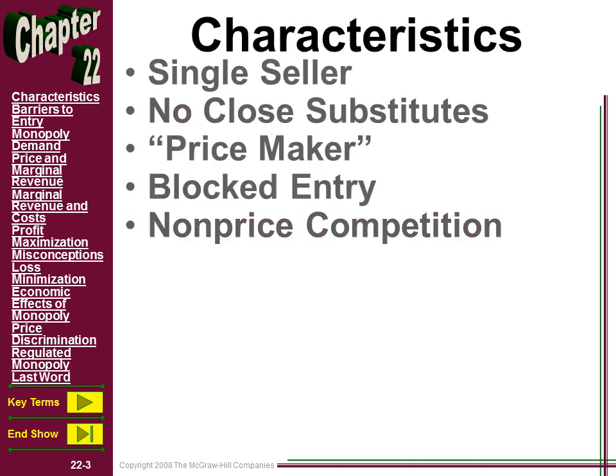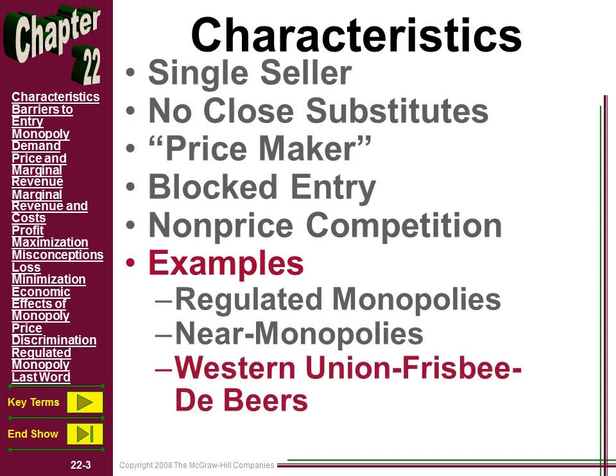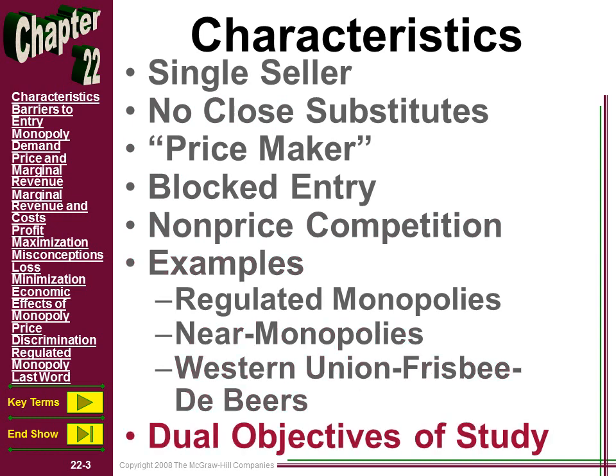So, characteristics of monopoly. All right. So, first, single seller. In other words, one firm is the industry. So, think of Microsoft from 1986 through the 2000s, where pretty much 94% of all personal and professional computers around the world were running Microsoft operating systems.